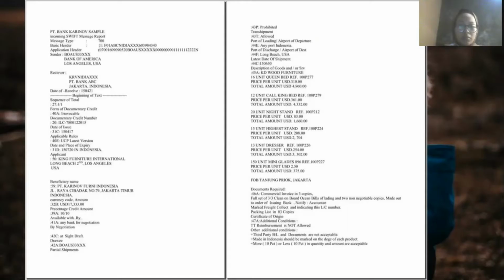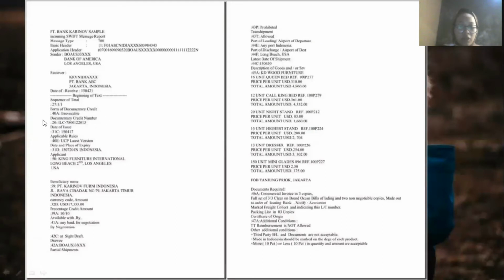Okay, next. In this third document, there is the name of the sender and the name of the receiver of this letter. Next part is the type and nature of the LC opened, which is an irrevocable letter of credit.